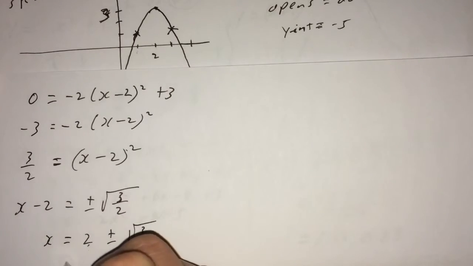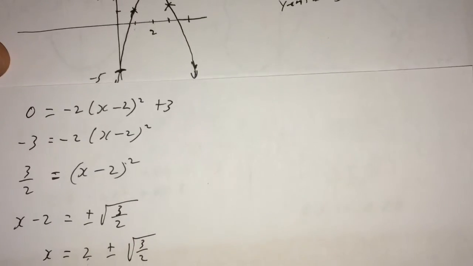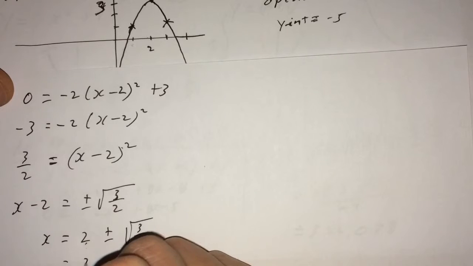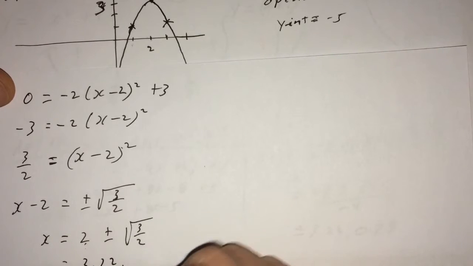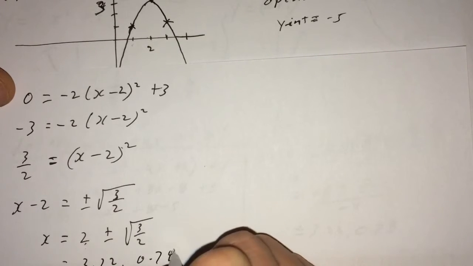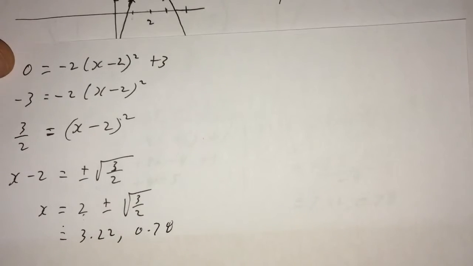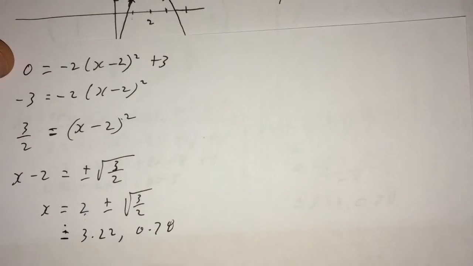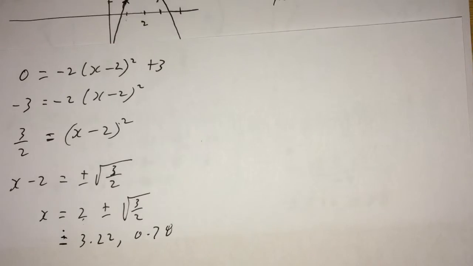That also equals approximately 3.22 and 0.78. So that's another way of getting the x-intercepts from vertex form.